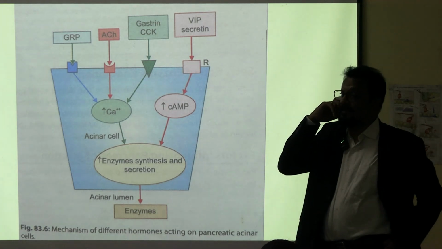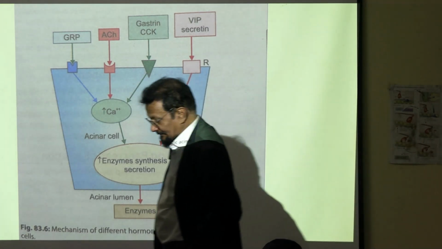There is another phase, the intestinal phase. The intestinal phase starts when food enters the intestine. It starts with acid and with distension of the stomach or intestine. So one stimulus is distension, another stimulus is acid. Acid has to be neutralized, so it will cause secretion of secretin, and the function of secretin is to increase bicarbonate biosynthesis.